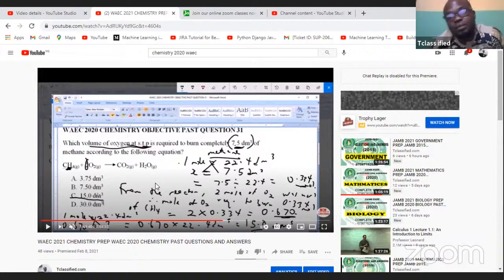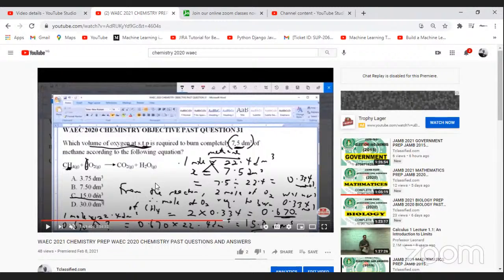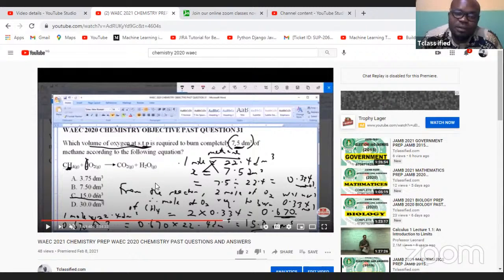I did 1 mole of methane and 2 moles of oxygen. Then I wrote 7.5 dm³ for methane and X for oxygen. But that does not contain the whole of the information that is required of you. So 1 mole at STP should contain 22.4.